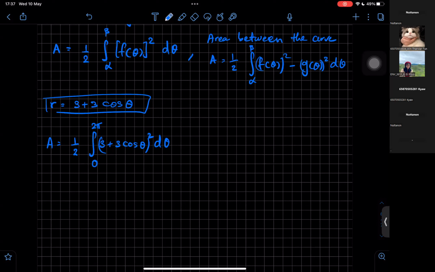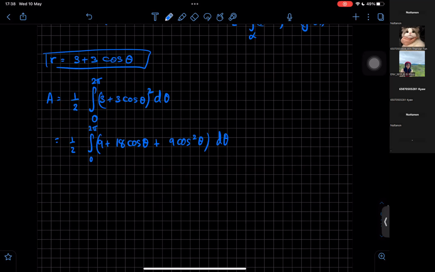And you can calculate it. From 0 to 2 pi, this thing will be 9 plus 18 cos theta plus 9 cos squared theta d theta, like that. And then you do the integration.